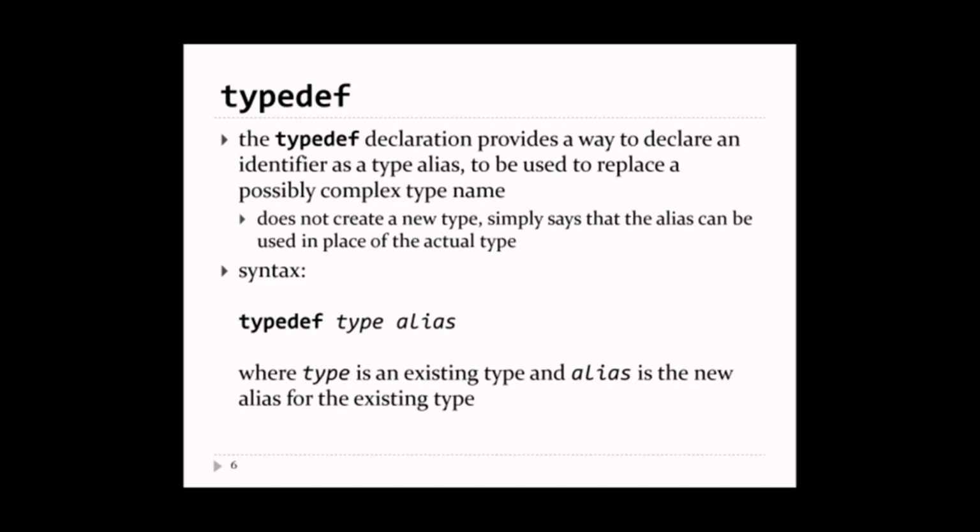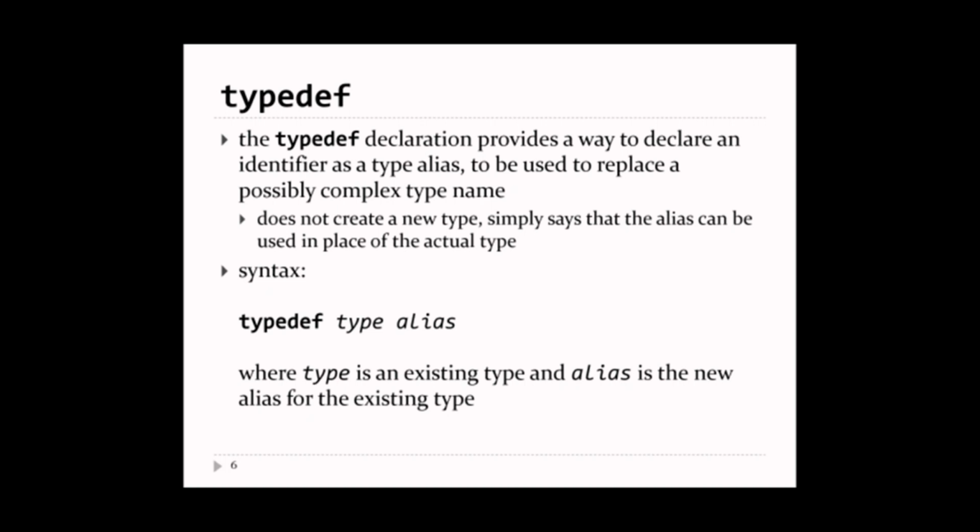So in C, it's possible when using pointers, and especially pointers to functions, that your types can become very, very long and very complicated to read. So instead of having to repeatedly type in a very long type name or to repeatedly try to reinterpret a complex type name, you can use a typedef to give it a much simpler name.